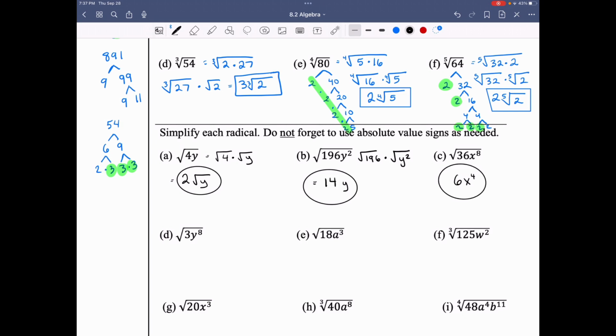And I'm looking at my revised notes, and they actually say that we don't need to worry about the absolute values, so let's just cross this out.